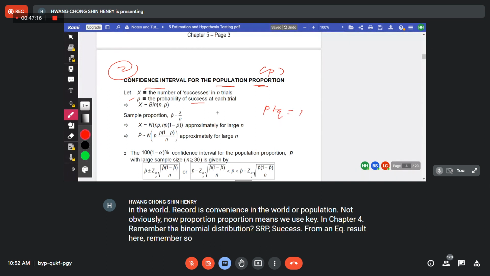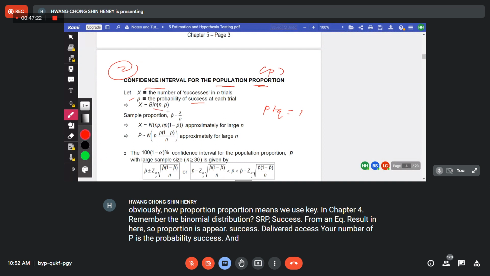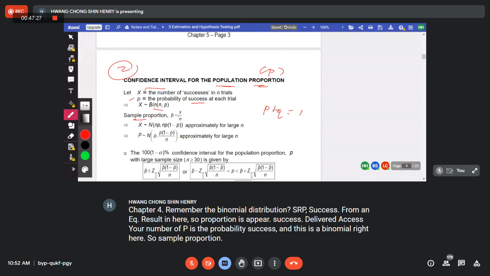So proportion is your P. Do you remember? X is your number of successes, P is the probability of success, and this is your binomial, right? Okay, so sample proportion. You see this P with the bar here?